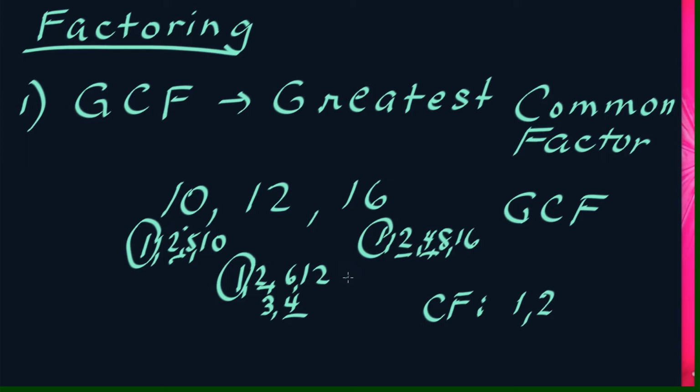So 4 is not a common factor. 5 is not a common factor among these three groups. 10 is not a common factor. So among the common factors, we only have 1 and 2. And what is the greatest common factor from 1 and 2? It's obviously 2. So 2 is the GCF, or the greatest common factor.